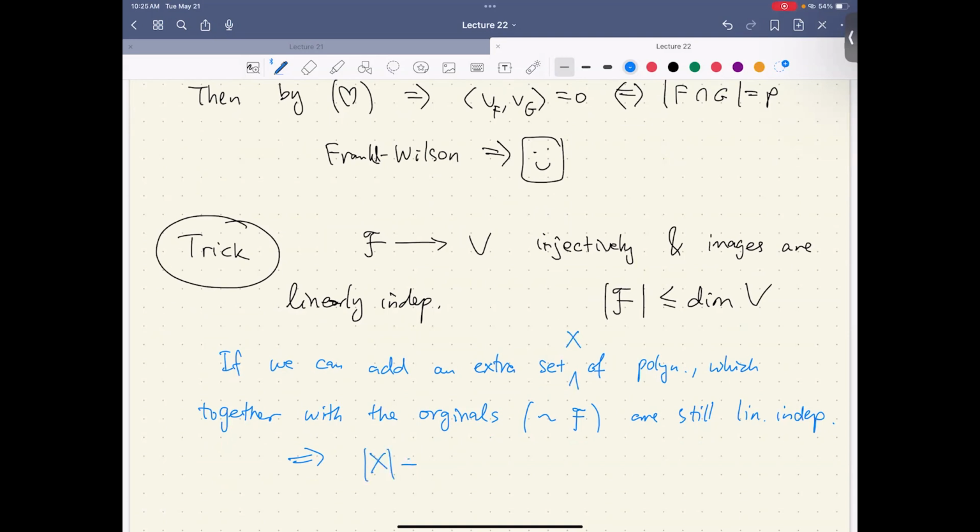Then we have x plus the size of F is at most the dimension of V. This is the improvement. Let's see one such example.